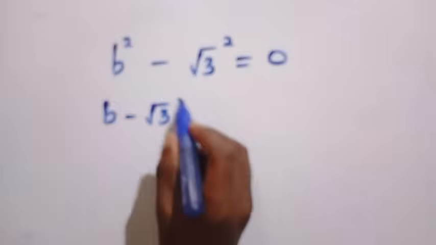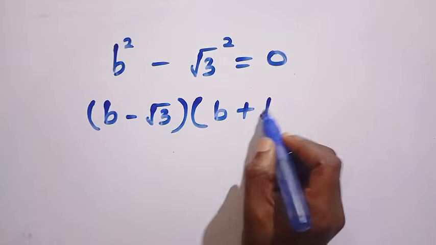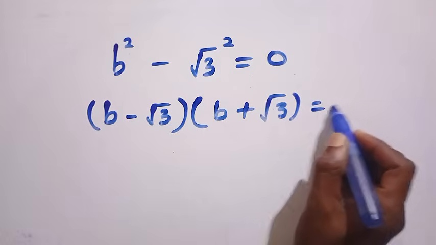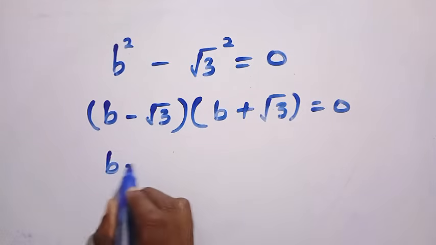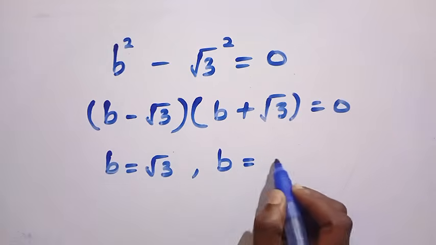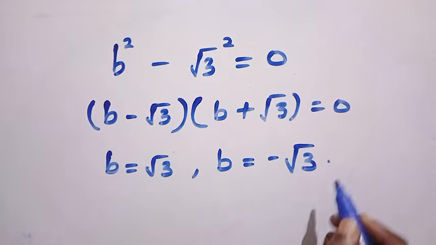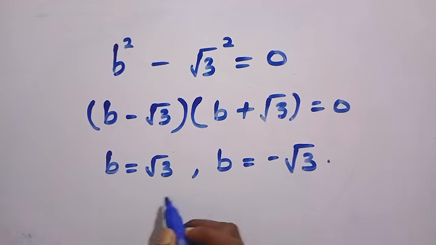This is b minus root 3, multiplied by b plus root 3, equals 0. So for this, we have b equals root 3, or we have b equals minus root 3. Any way you solve it after getting b squared minus 3 equals 0 is allowed, but this is another fashion of how we can get our b.